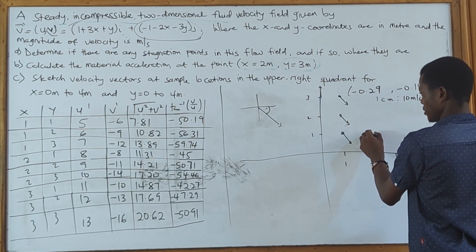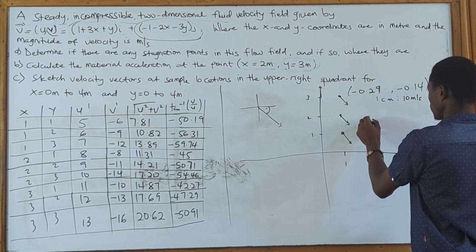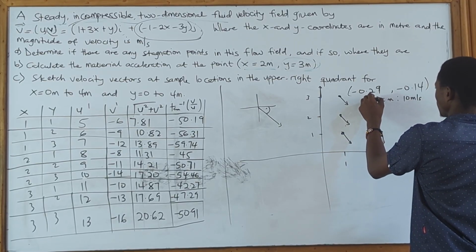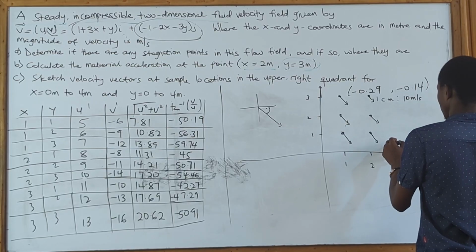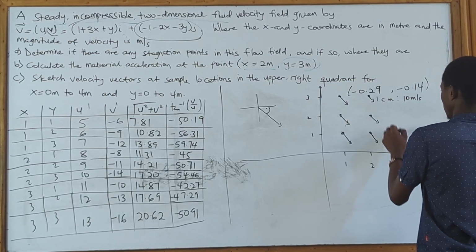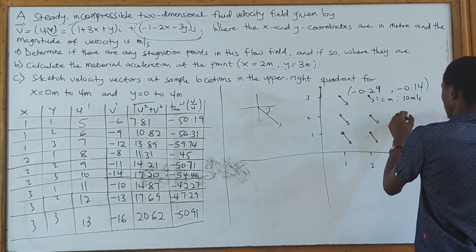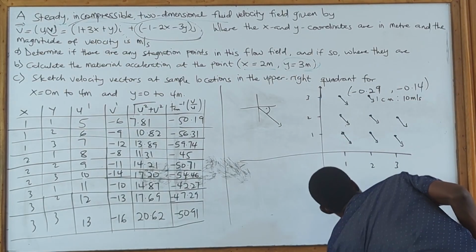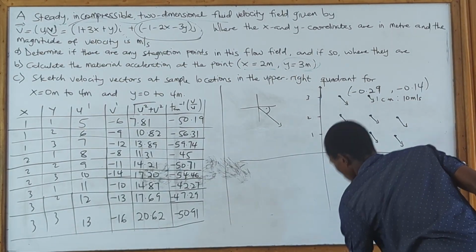So our 2, 1, we have something like this. So they are going to be in this form. So this is how it's going to be.